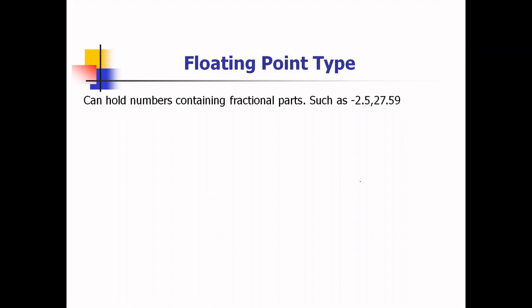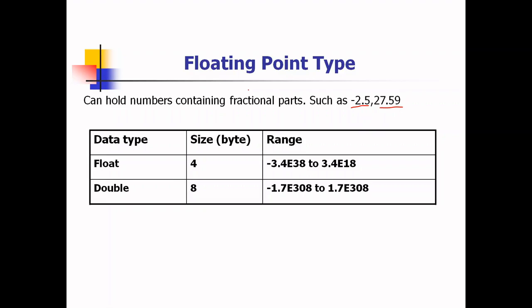You can store numbers like -2.5 or +27.59. So we can store these real numbers by using the floating point type. So floating point type also has two different subtypes. The first is float, and the second type is double.